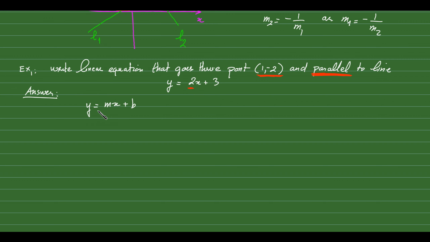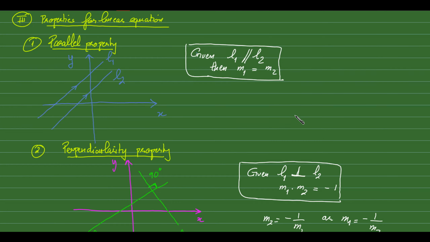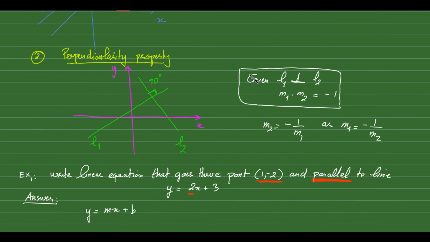And the new line, the line we want to write, is parallel to this line. So it means the slope of the line we want to write is also 2, right? Because according to the property, the slope must be the same.